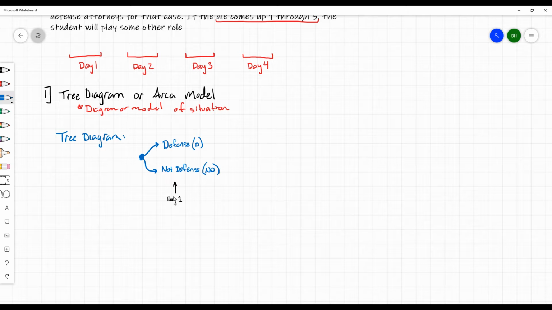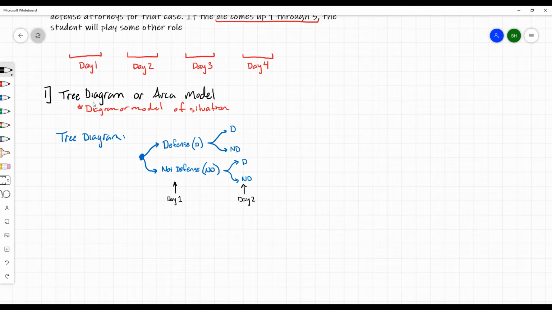In a tree diagram, if I go up through this branch and Mari was defense on day 1, the next day she again has 2 different options. She can either be part of the defense or not the defense. Similarly, if she wasn't the defense on the first day, she can continue this tree and have different options for the possible second day.